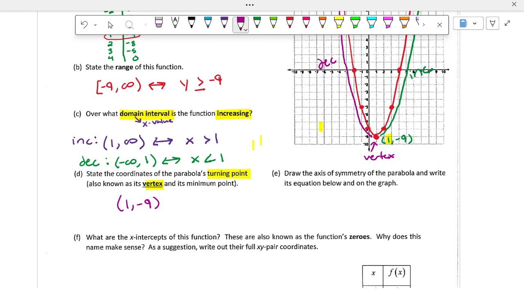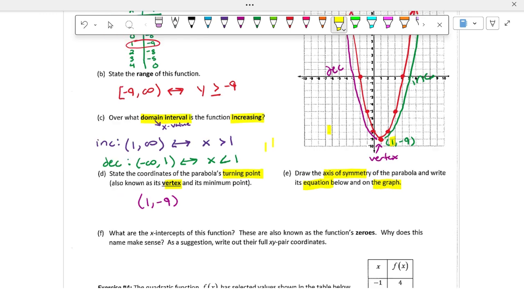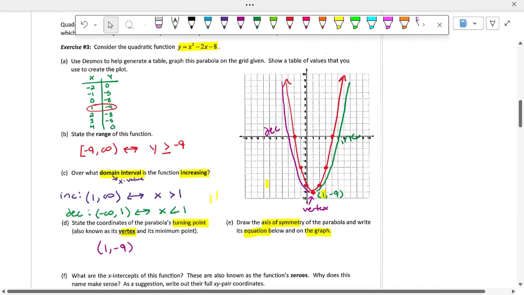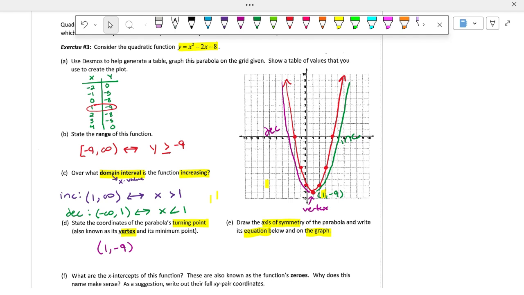Now, axis of symmetry. All right, axis of symmetry of a parabola, which is what a quadratic graph is technically called, is an equation of a line, all right, that cuts the graph in half. So remember, a quadratic graph is always going to be symmetrical, meaning if I fold it over a vertical line, like a piece of paper, it would line up perfectly on the other side.